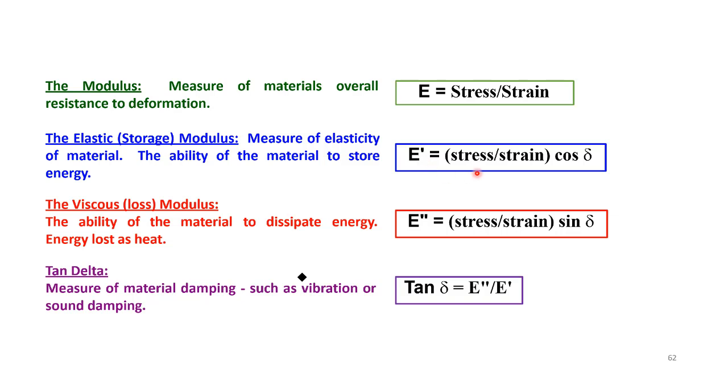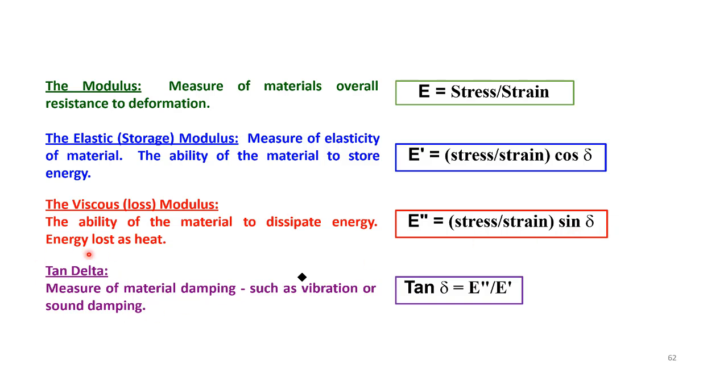So E dash is stress by strain into cos delta. Then for the viscous modulus or the loss modulus, that is the ability of a material to dissipate energy, or energy lost as heat. That can be calculated using the E double dash formula, that is E double dash is stress by strain into sin delta.